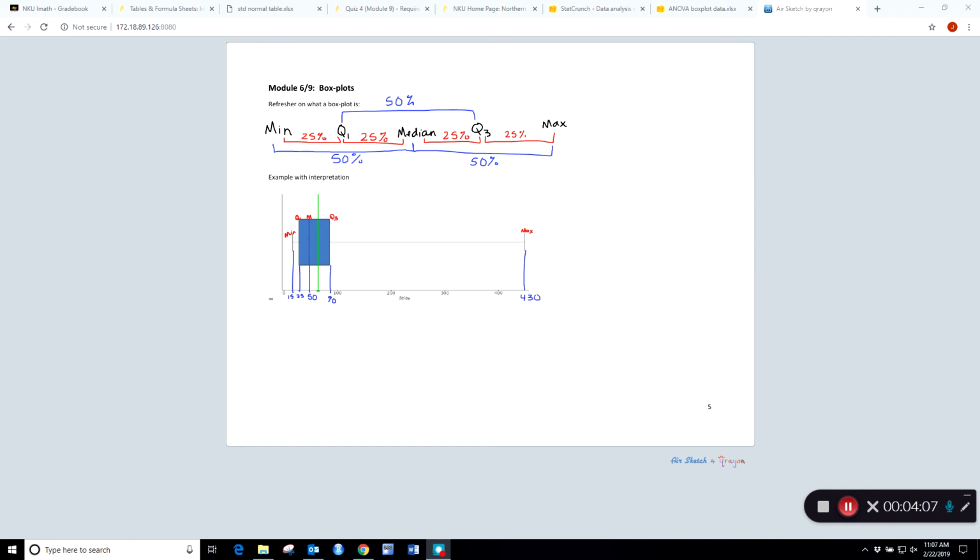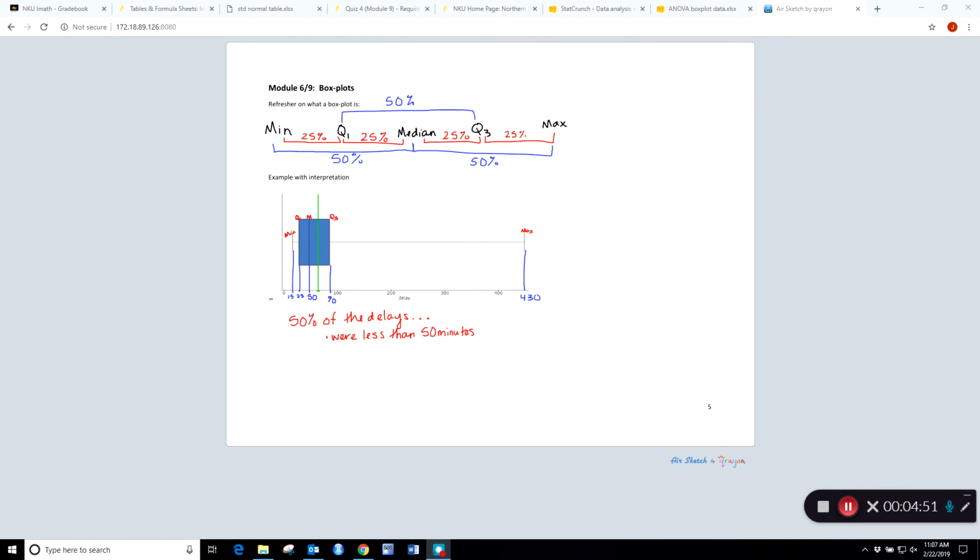Sometimes I give you those numbers from StatCrunch, but just so we have actual numbers as we're interpreting here, I'm trying to ballpark where those values are. And these values were in minutes. So things I could say: there are a few different ways I could say that. 50% of the delays were less than 50 minutes, because that 50 minutes is what I estimated my median to be.